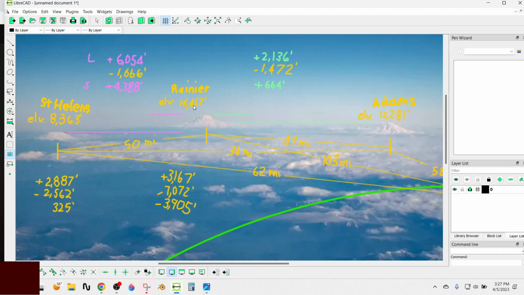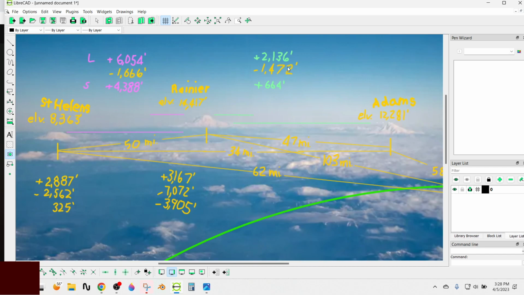Mount Rainier is 14,417 feet, with Mount Rainier being 6,054 feet above Mount St. Helens. And Mount Adams is 12,281 feet. Mount Rainier, 14,417, is 2,136 feet higher in elevation than Adams.